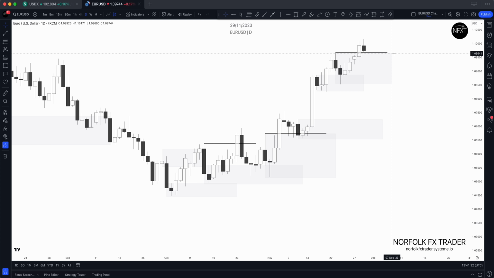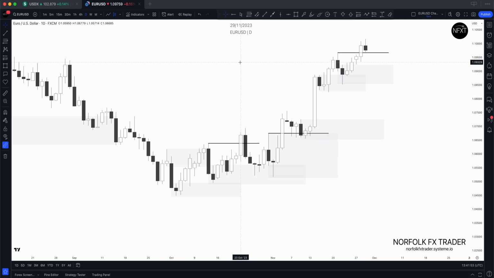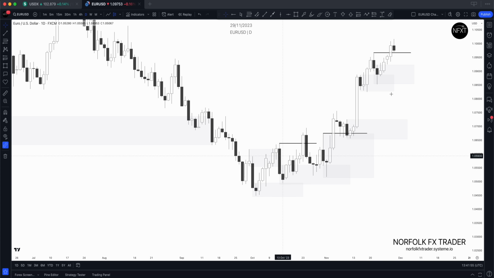Now, again, we'd always look to refine it, because really we want to be looking for a trade to come off this zone here. So the deeper the pullback, the better, all depending on the size of the swing as well. But just bear in mind that these levels can have price react at them. So that is how you look at that reversal. That's just what we went through on that diagram.